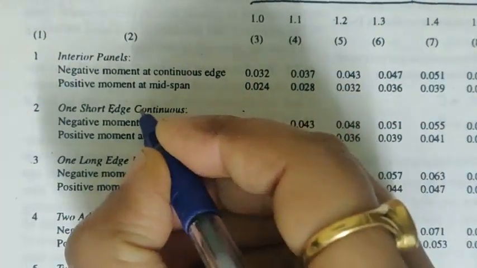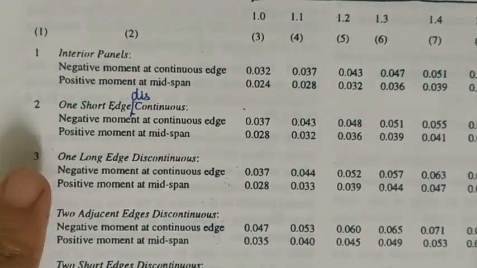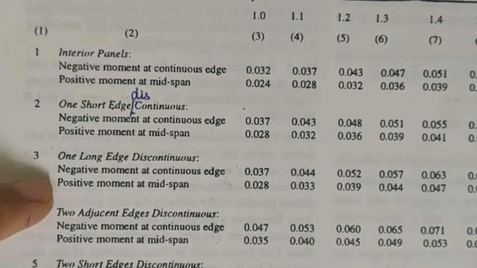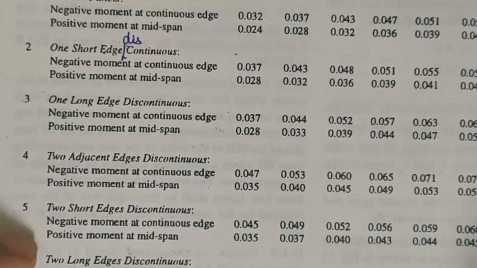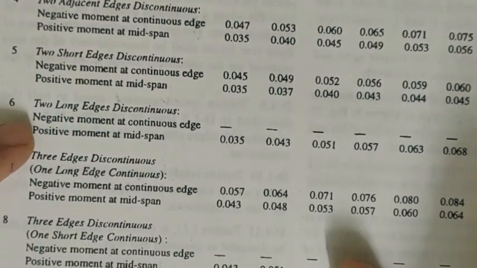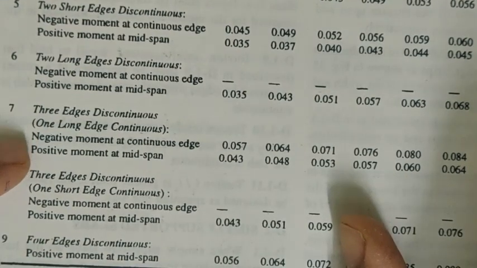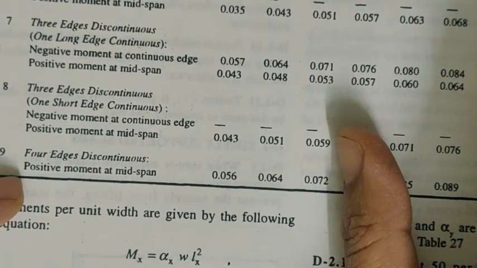It's not written continuous, it is actually discontinuous. One short edge discontinuous. Then one long edge discontinuous. Then two adjacent edges discontinuous. Then two short edges discontinuous. Then two long edges discontinuous. Then three edges discontinuous, and four edges discontinuous.